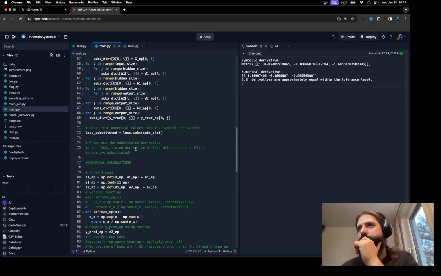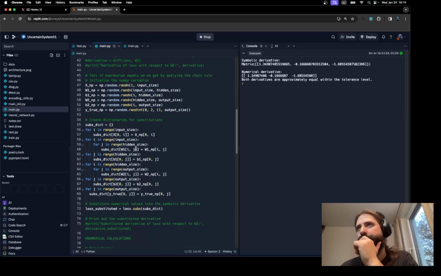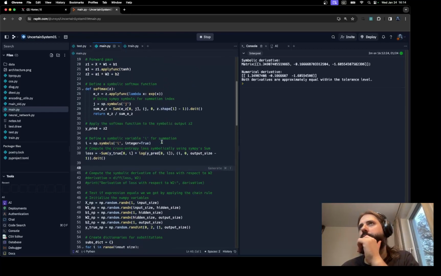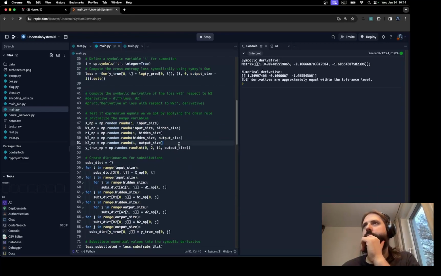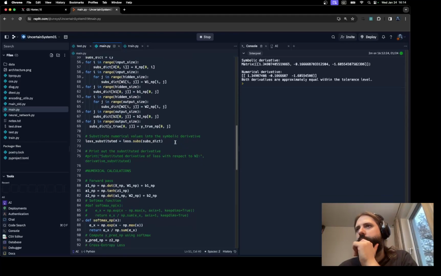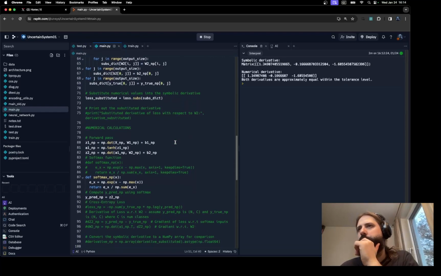So it's using y true and y pred, right? So that's what we want to now check, whether the loss function is more or less the same. So this is loss substituted, and then numerical calculations.